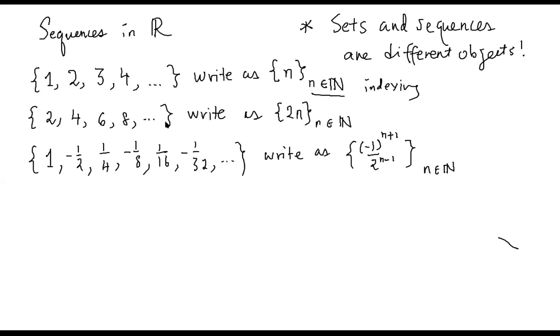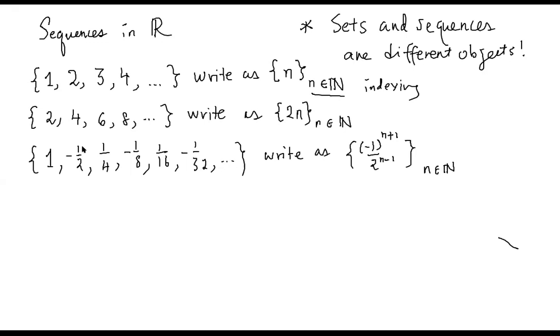And then perhaps something slightly more unusual. You have the following sequence, which starts with 1. Forget about the sign first. You have positive, negative, alternating. The point is that the numbers are halved, so the next number is half of the previous one.